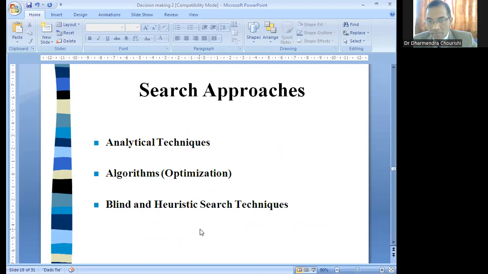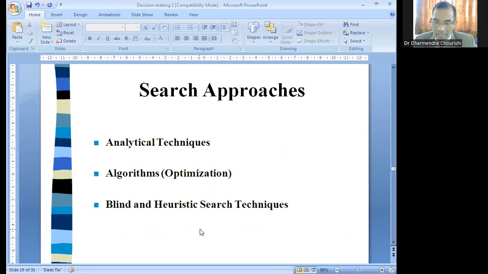Some search approaches you can use for that as well. We already talked about some mathematical and quantitative methods. We can use some analytical techniques, algorithms, software, theorems for optimization of results.